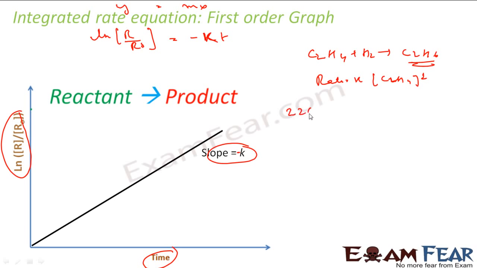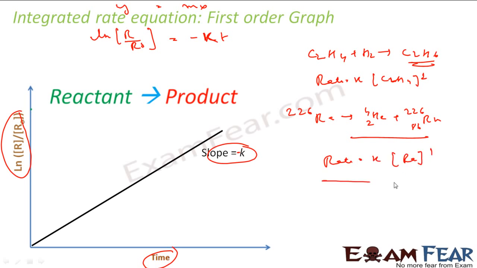For example, 226 Ra will give you helium plus 222 Rn (86). The rate is nothing but k concentration of Ra to the power 1. So all the radioactive decay is generally first order. Also, the decomposition of N2O5 is also a first order reaction. Thank you.